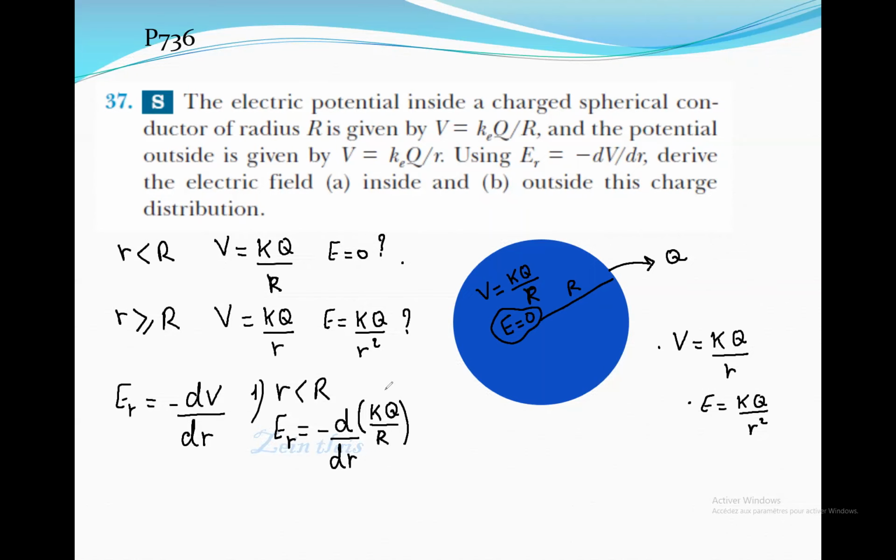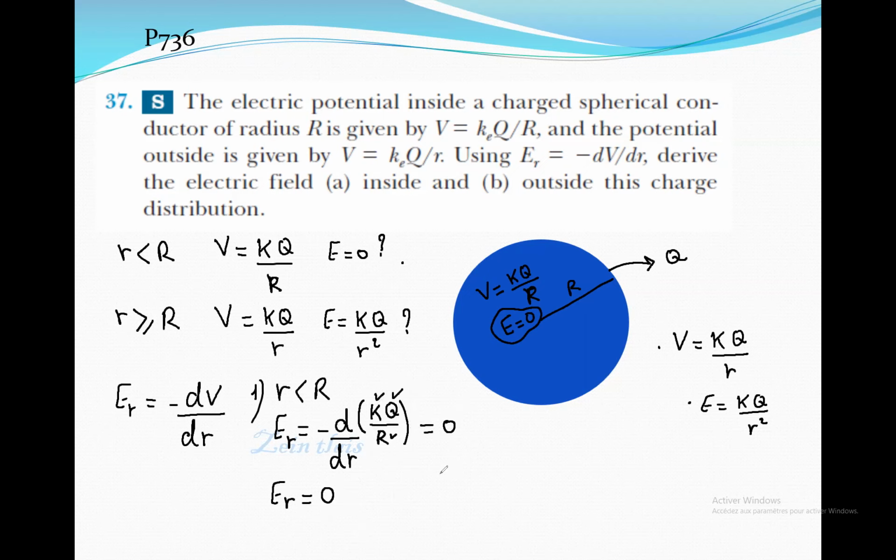You know, K is constant, Q is constant, and R is constant. So the derivative of a constant value equals 0. So inside the conducting object, we don't have a field.